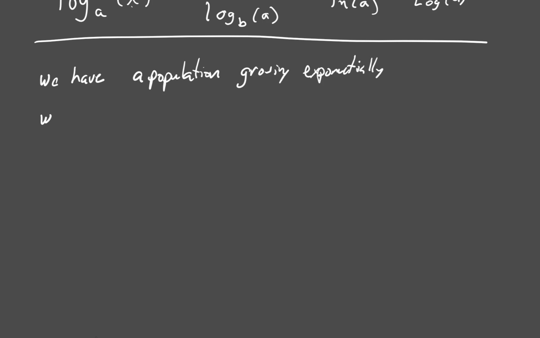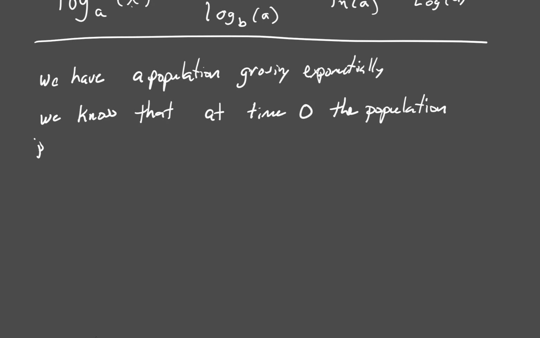And we know that at time 0, the population is, for example, 100%.